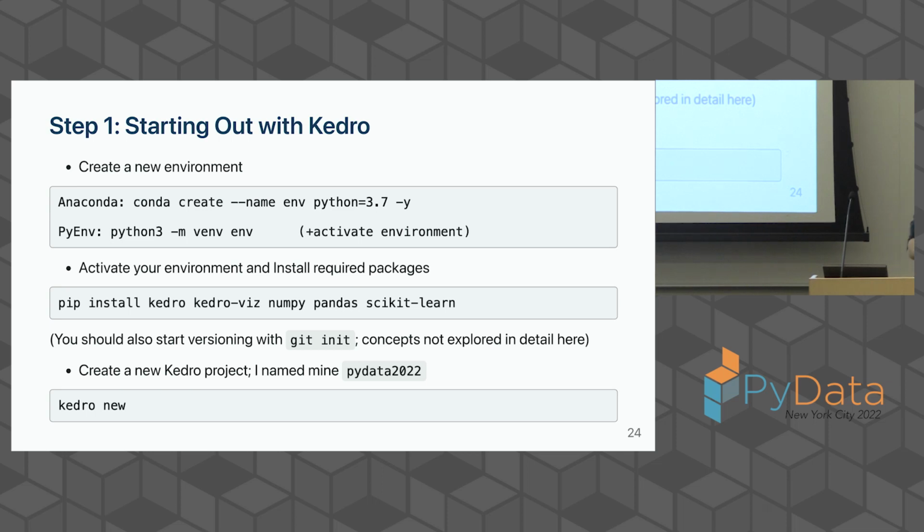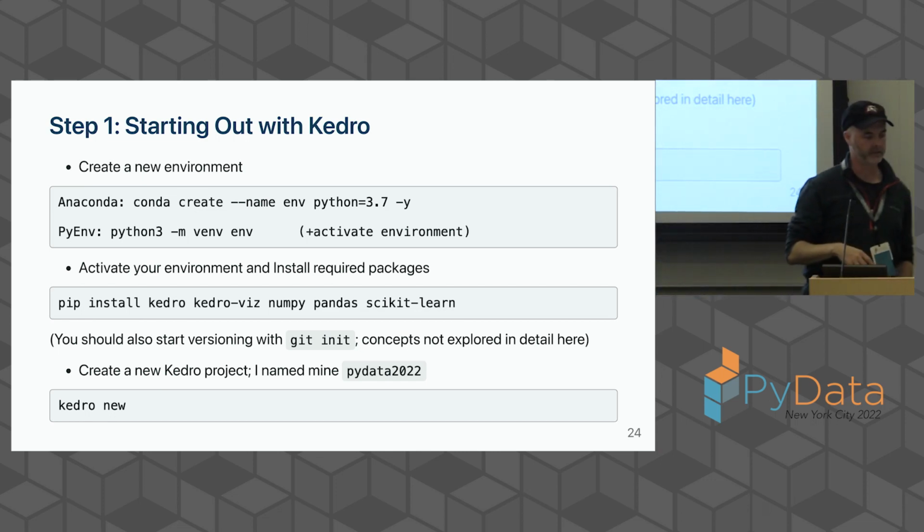And then the packages I use are virtual environments, and Kedro is the only package you really need to get things going. Obviously, ML work requires some NumPy and pandas, and scikit-learn.